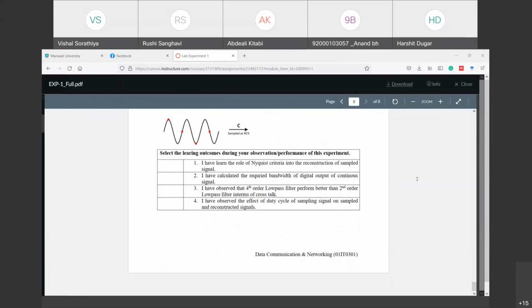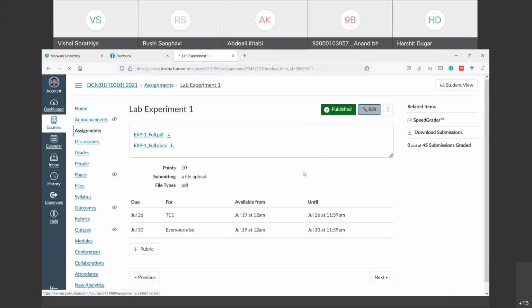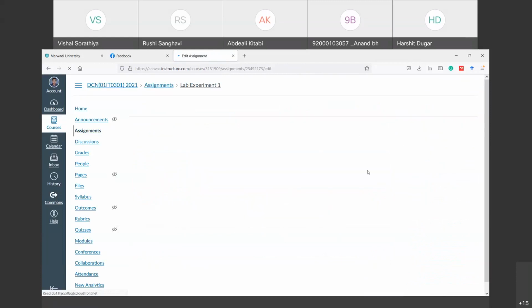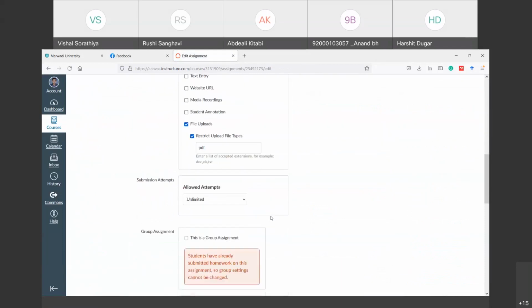Please tell me. You can see this exercise in Canvas 1. Right now it is not open because I had set the date to something else for the others. Let me just open it.